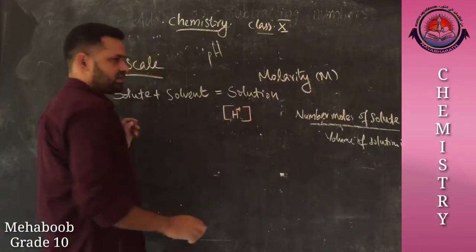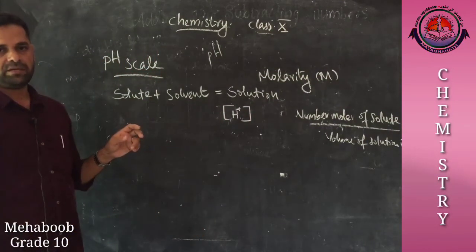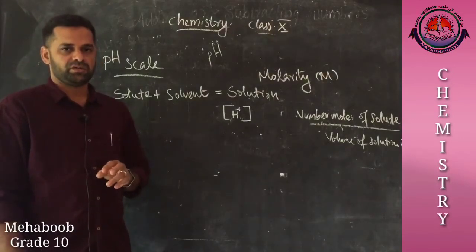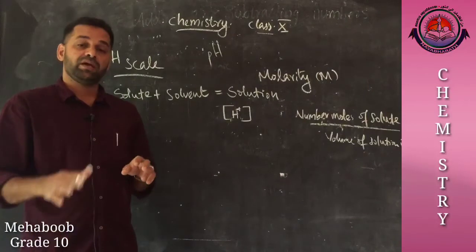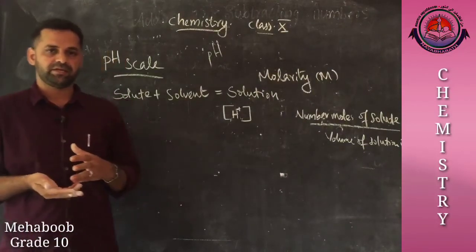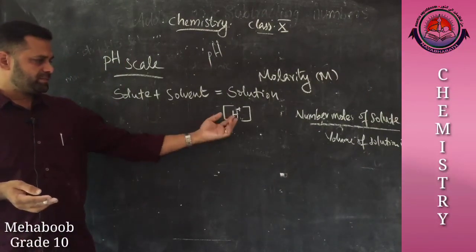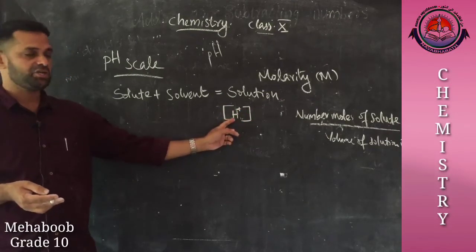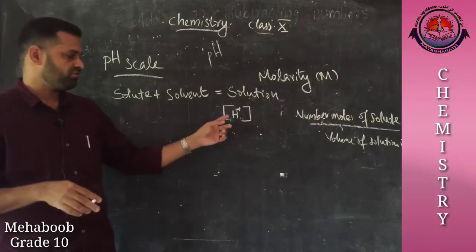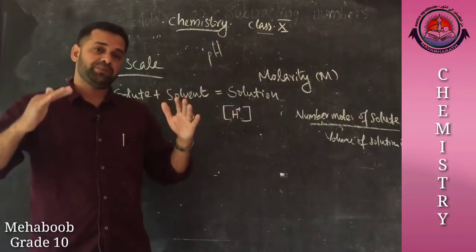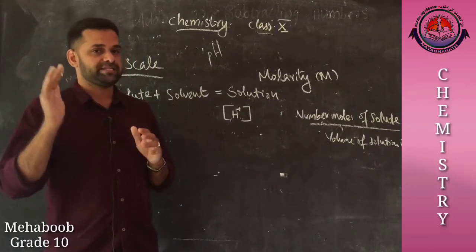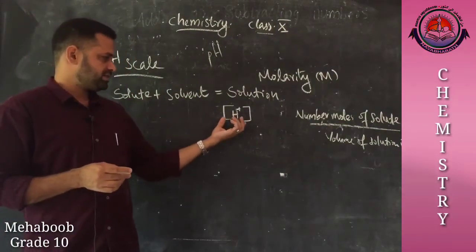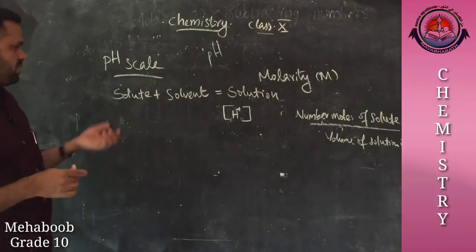The strength of an acid depends on the number of H plus ions present in the solution. If they give more H plus ions, that acid will be more acidic. This is read as the concentration of H plus ion. If the concentration of H plus ion is more, the strength of the acid is more. That is its meaning.